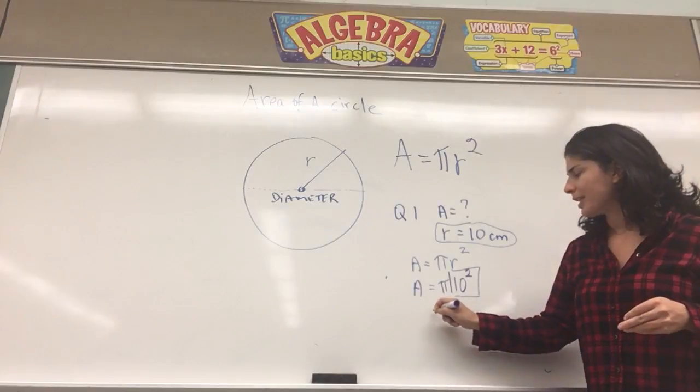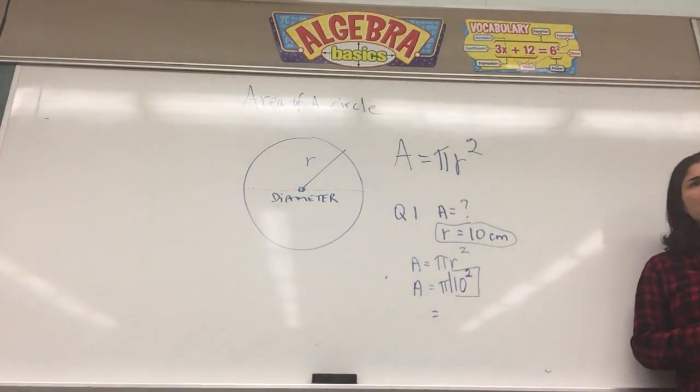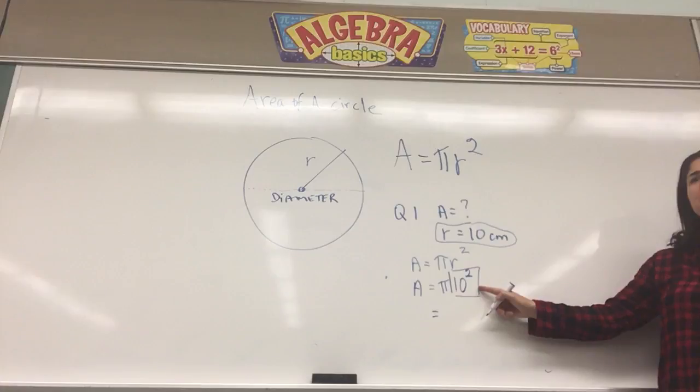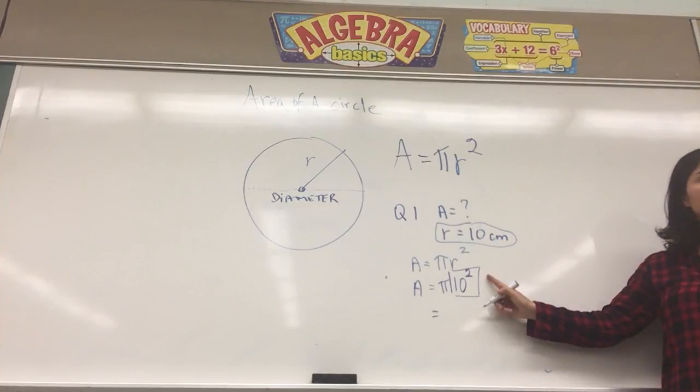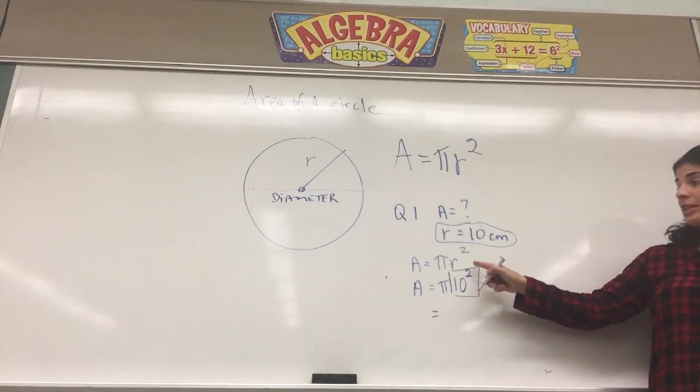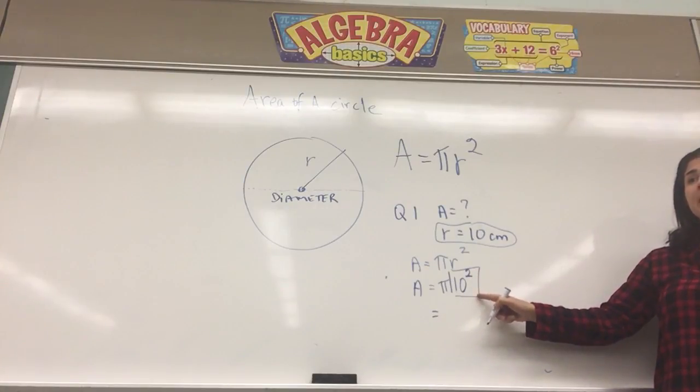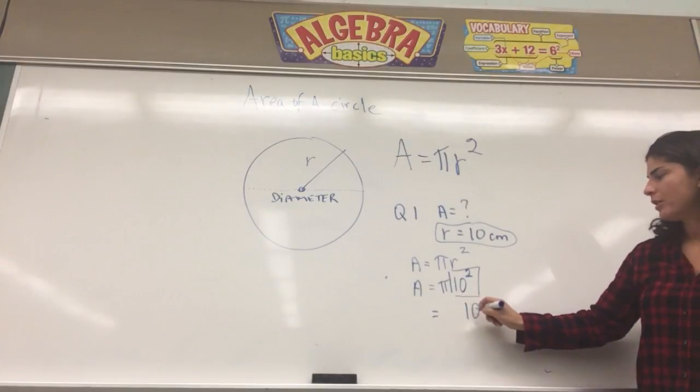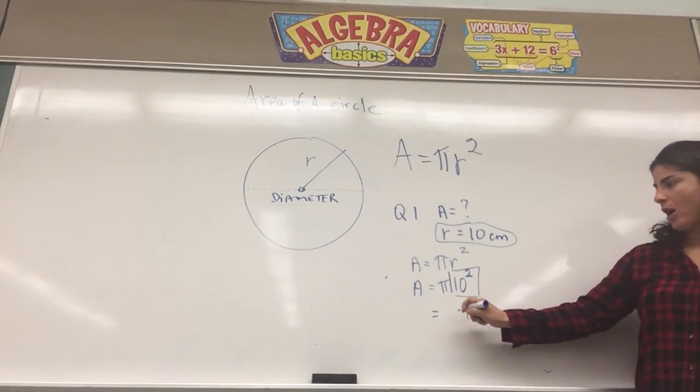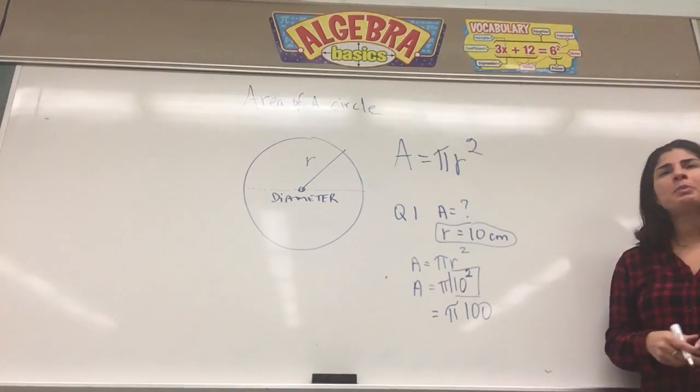The next step will be 10 times 10. Not 10 times 2. This is itself. 10 times 10, which happens to be 100, multiplied by pi, which we all know is 3.14.